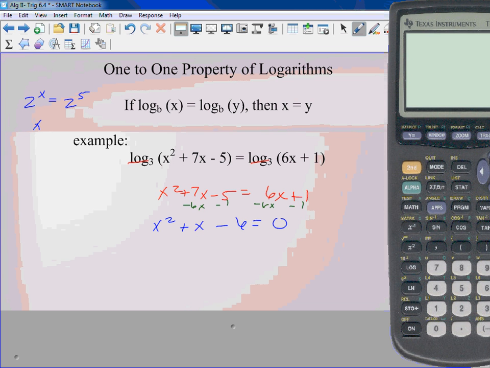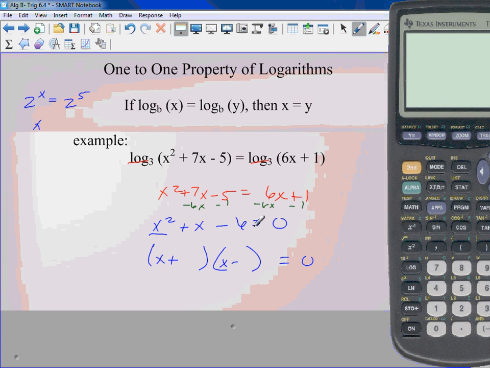Since there's nothing to pull out and it's not special, I have a bunch of options. I can factor, complete the square, or use the quadratic formula. This one, I'm going to try to factor. The only way to get an x squared is x and an x. This tells me signs are different.